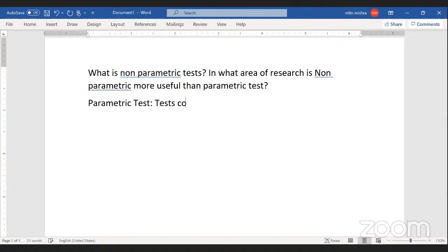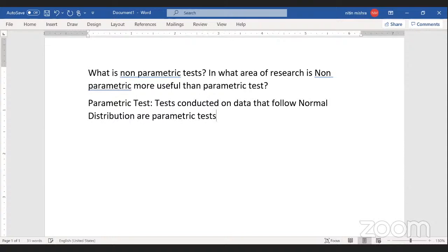Tests conducted on data that follow normal distribution are parametric tests. All right.